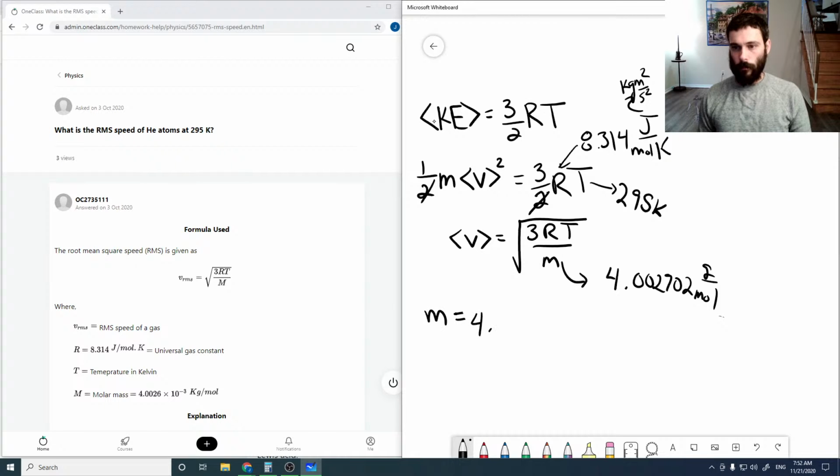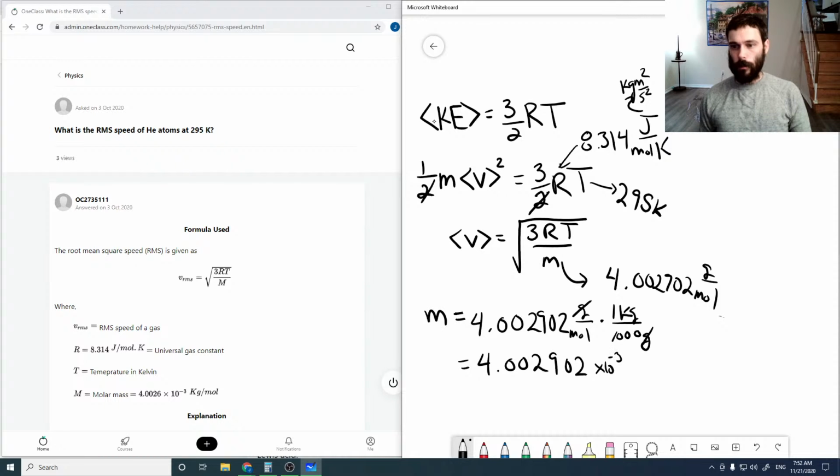So we need to multiply by 1 kilogram per 1,000 grams. So the grams cancel, and then this is 4.002902 times 10 to the minus 3 kilograms per mole.